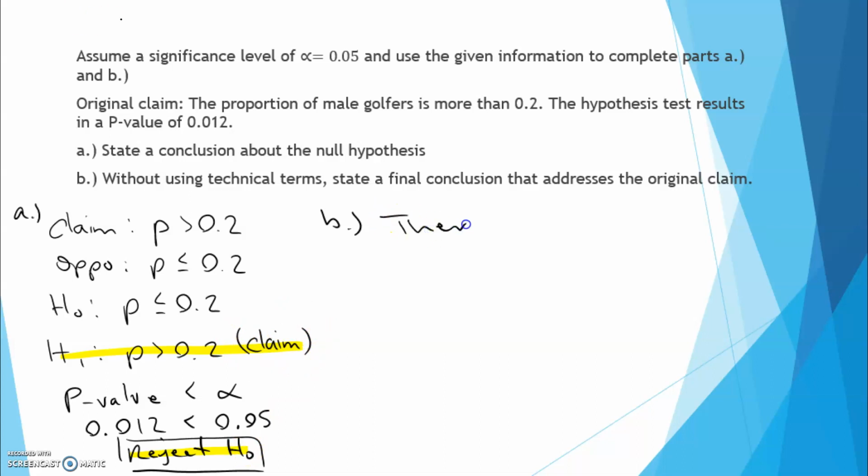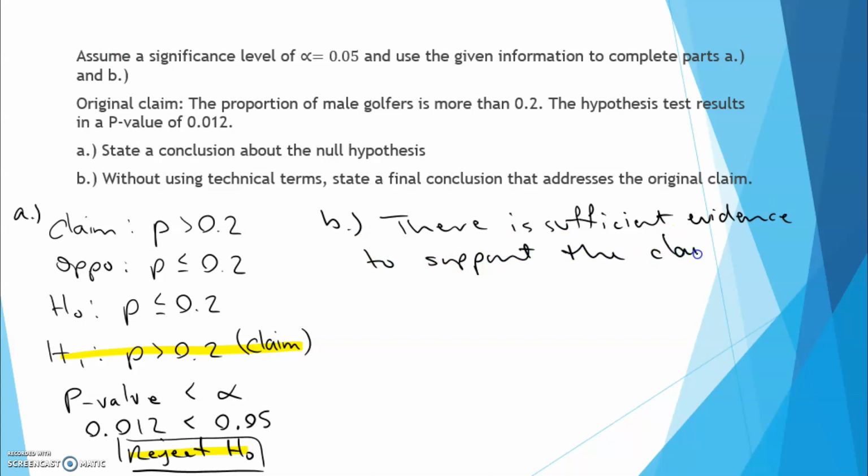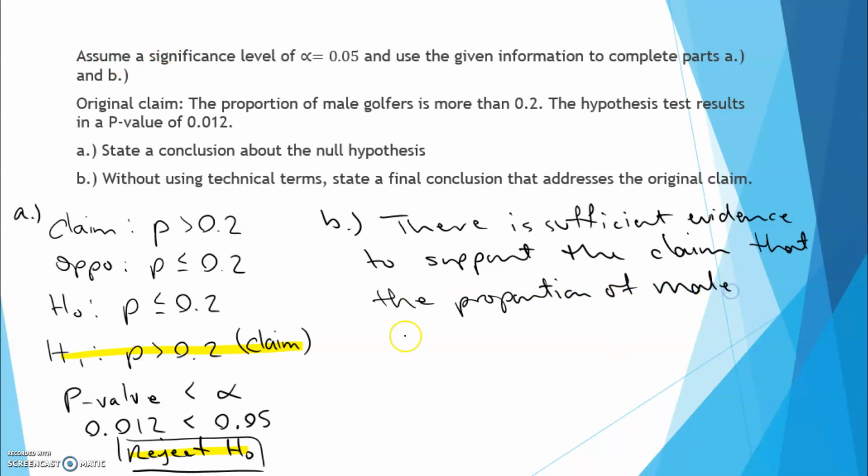So there is sufficient evidence to support the claim that the proportion of male golfers is more than 0.20. And that's it.